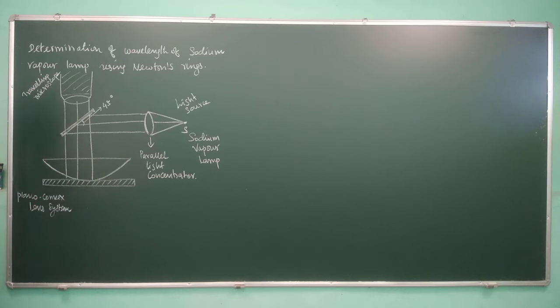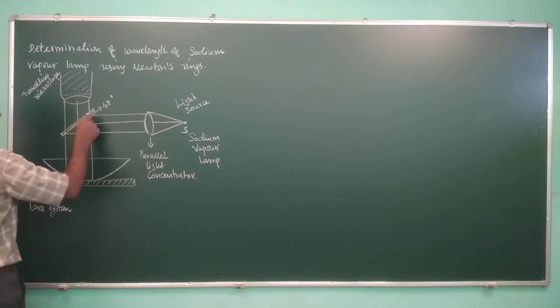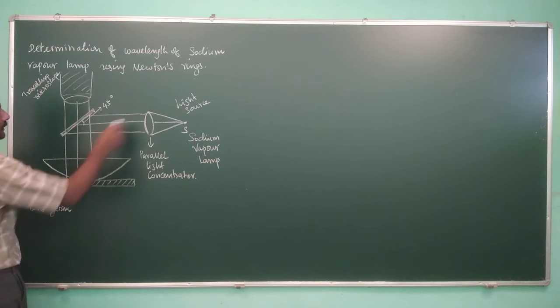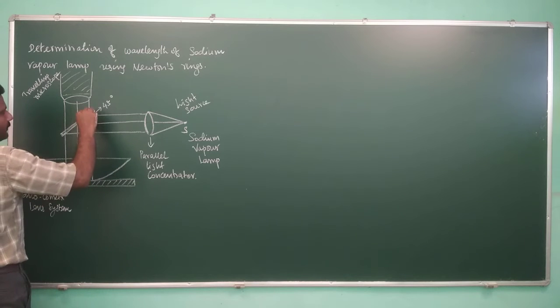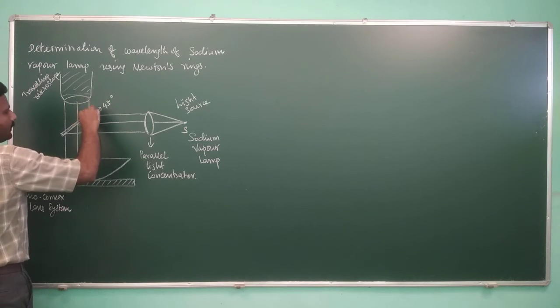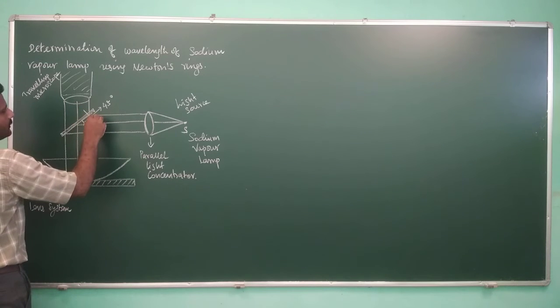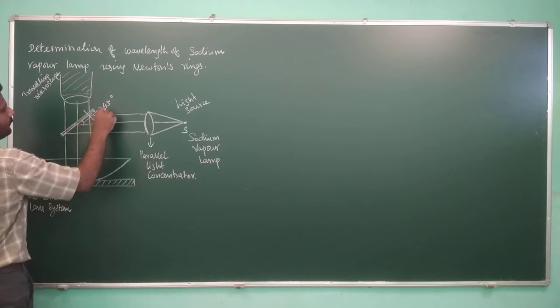This mirror has the property that part of the light will be reflected and part of the light will pass through it. Here the angle of inclination is 45 degrees, so the incoming light ray hits this mirror at an angle of 45 degrees, so the angle of reflection also will be 45 degrees, and if you draw a normal to the lens, this angle will be 45 degrees, and this angle also will be 45 degrees, right?